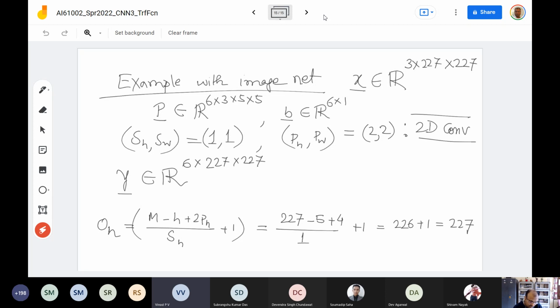So say that I don't want this to be 227, but I want this output over here to be something like 226. How can I achieve that? I mean, that's going to be complicated to achieve. I will not focus on that one.